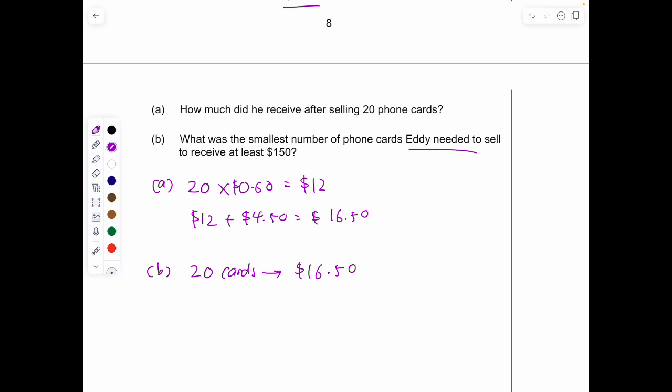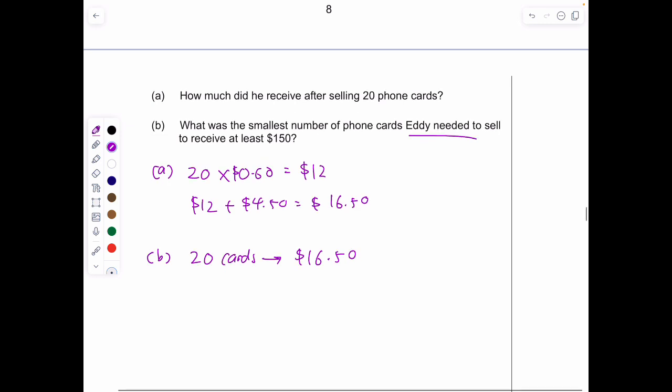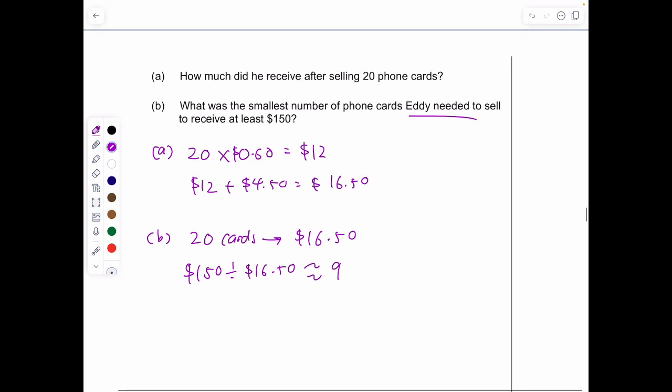So granted that that's that, I will take 150 divided by $16.50. So I need to round off to the nearest whole number, and that will give me 9. Right? Because I want to see how many sets of this.